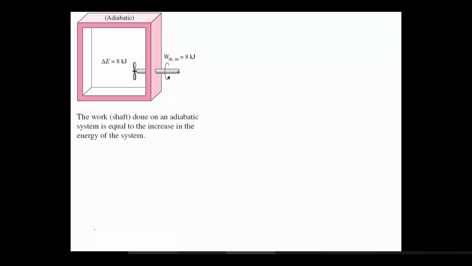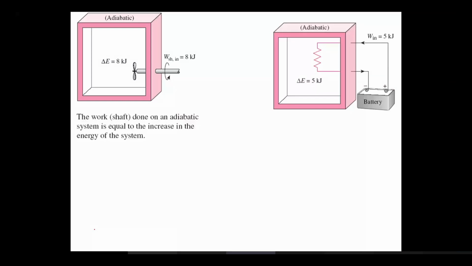Sir, will this be only for an adiabatic process? No, for now, what I am trying to say is that the change in energy of the system, if your system is going from state 1 to state 2, state 1 would have certain energy, state 2 would have certain energy. The change in the energy of the system would basically be due to the energy interactions taking place.